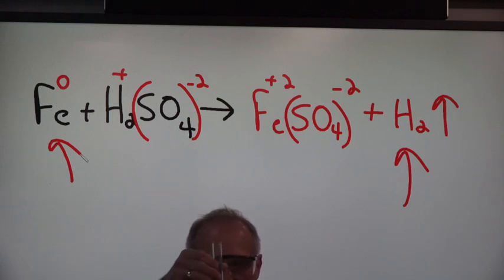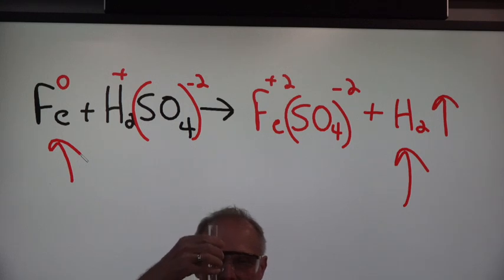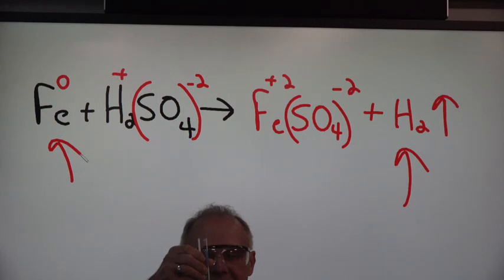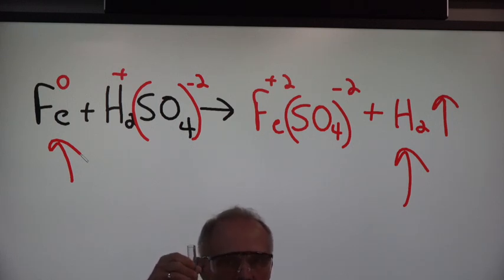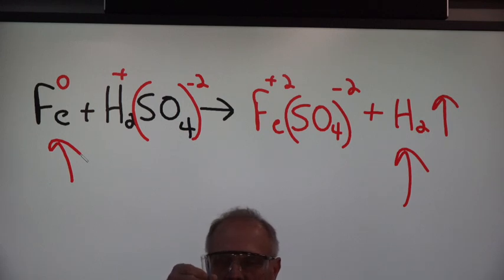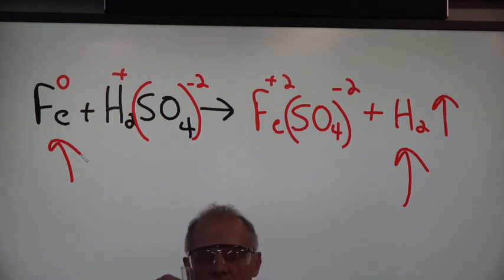I don't know if you can see it, but it's starting to bubble. But the bubbles are really taking their time going up. Because remember, iron is very close to H2, which means it doesn't really react very well. I'm sure Charles used some really concentrated sulfuric acid. This is very dilute sulfuric acid.